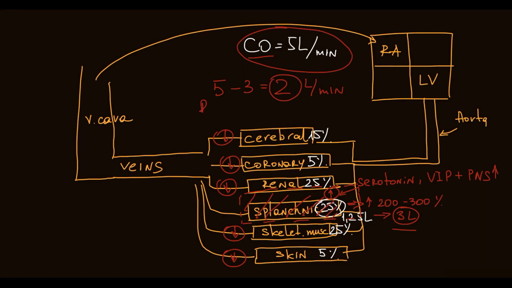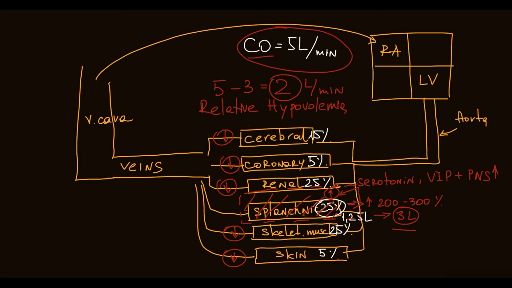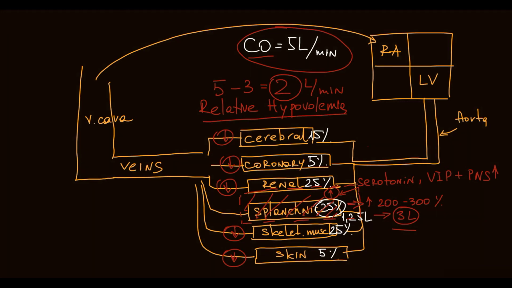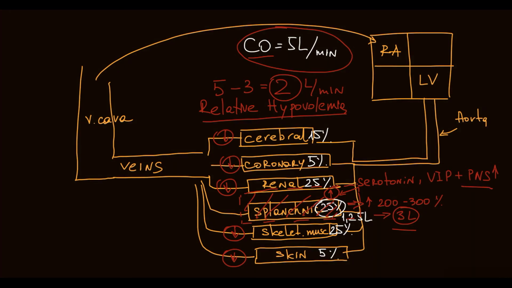It's called relative hypovolemia because there is no loss of blood from cardiovascular circulation. But because a massive volume of blood is pooled in splanchnic circulation, this blood volume becomes unavailable for systemic circulation. So in fact, in this case there is hypovolemia without blood loss, just redistribution of blood, that's why it's called relative. And also activation of parasympathetic nervous system causes decrease in systemic vascular resistance.